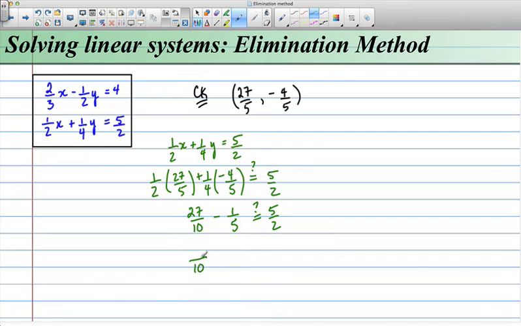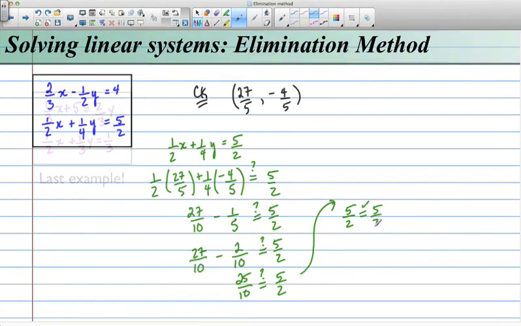We need a common denominator. Times 2. Does that equal 5/2? So 25/10. Does that equal 5/2? Common factor, we have 5/2. Does in fact equal 5/2.